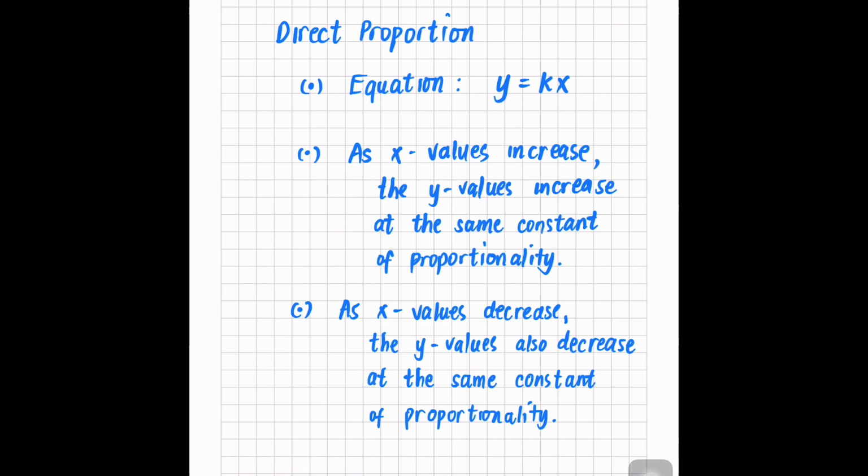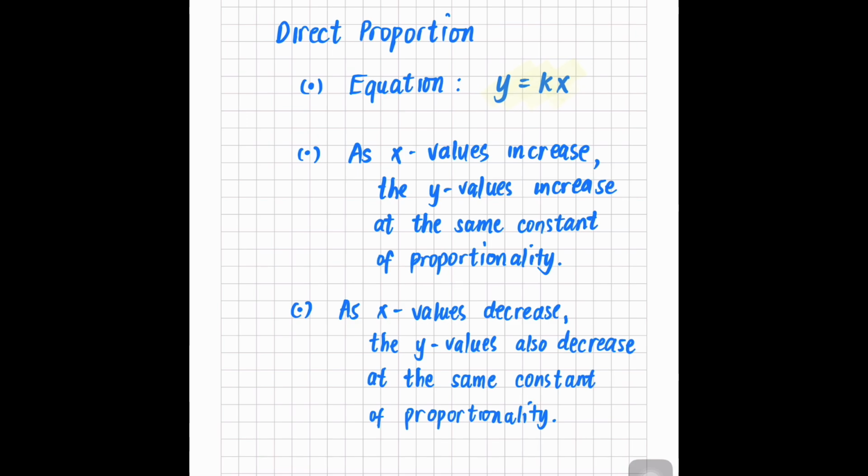So first, we have the equation of direct proportion, which is y equals kx. So k stands for the constant of proportionality, or the rate.